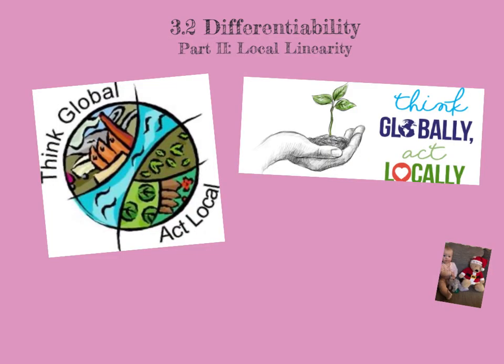My last little spiel about this is whenever I talk about local linearity, the few times that I have taught calculus, I always think about the phrase think globally and act locally. I remember a teacher introduced this phrase to me when I took AP Calc my senior year of high school back in 2008. And it really stayed with me. And especially, I'm a millennial, but your generation, I see all this stuff on TikTok and I see how active your generation is politically, and I think that's really cool.